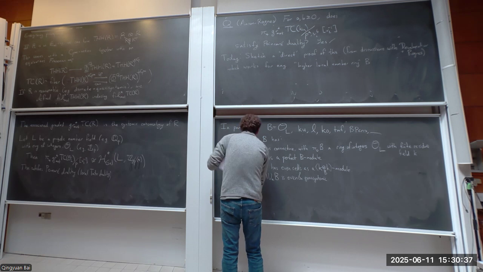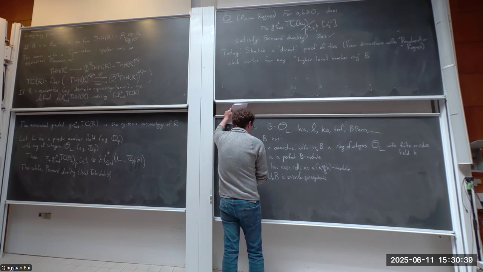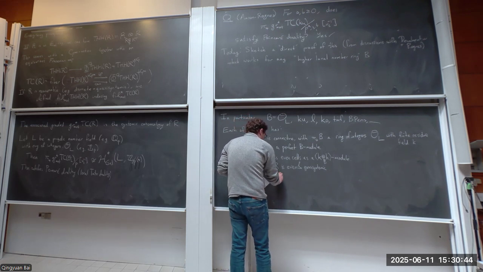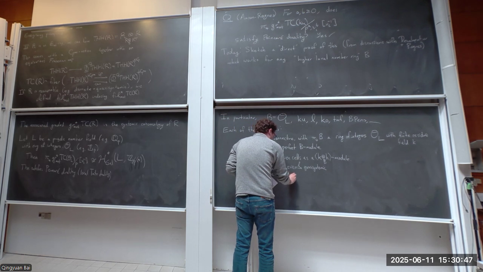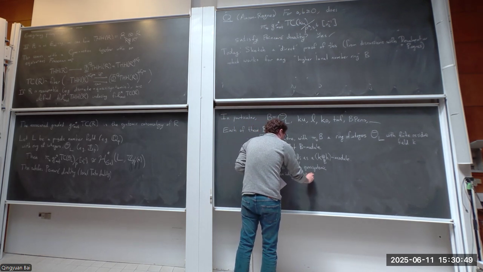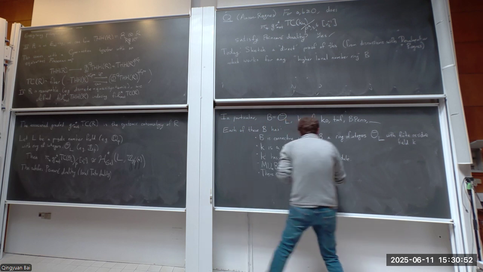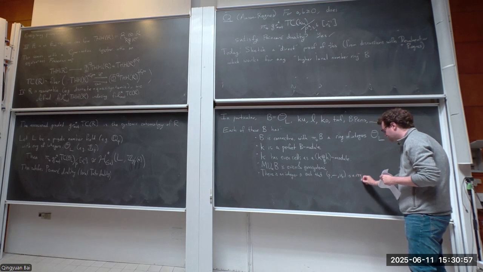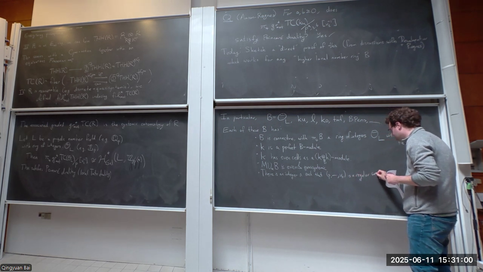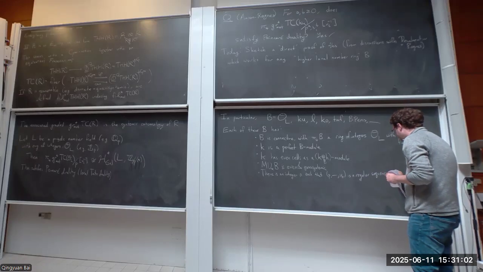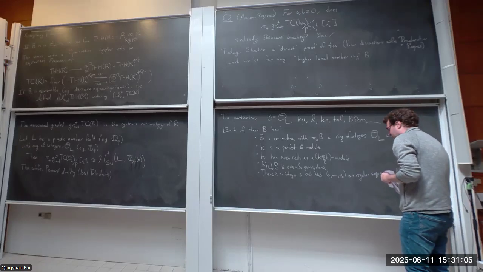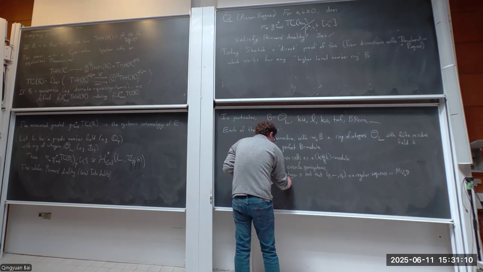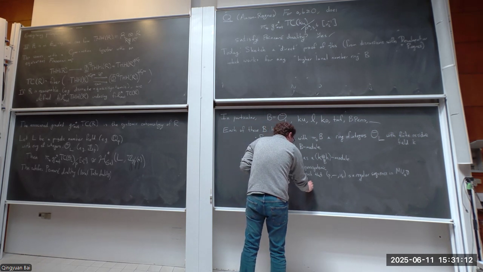I want that there's an integer n such that p, v1 through vn is a regular sequence in the MU homology of B and v(n+1) is 0 among the previous ones.